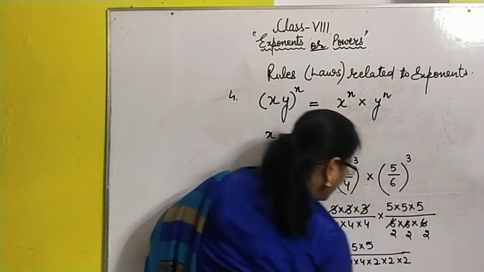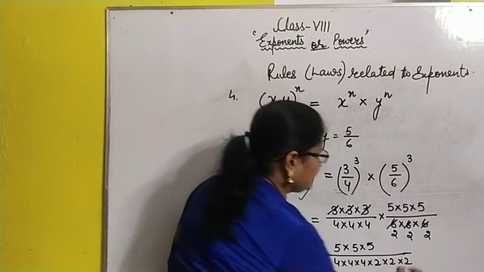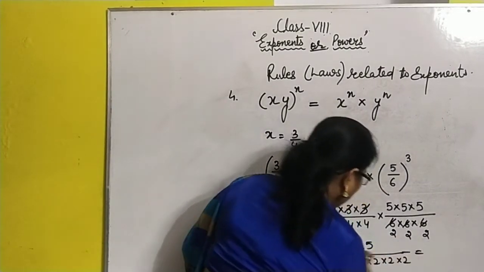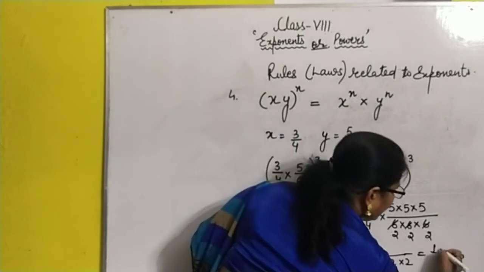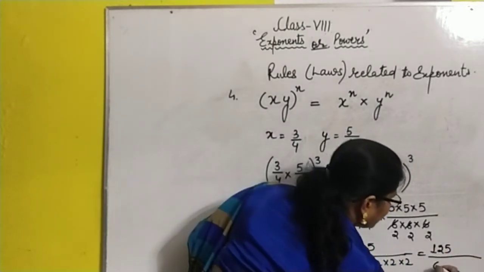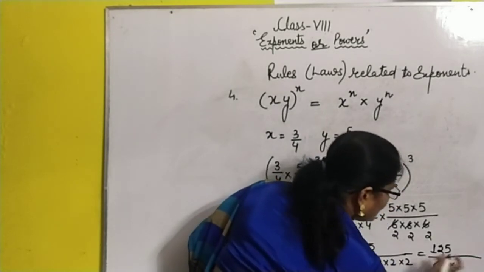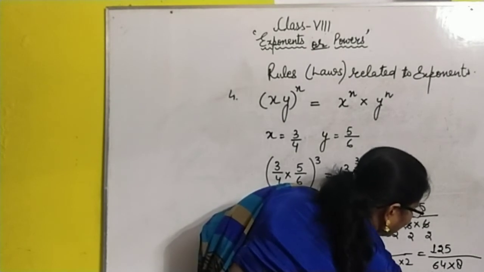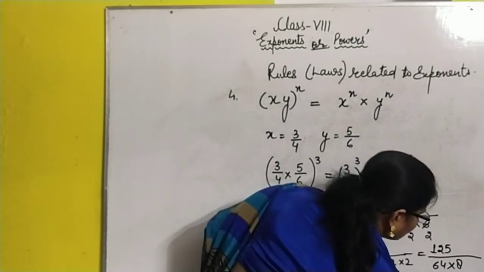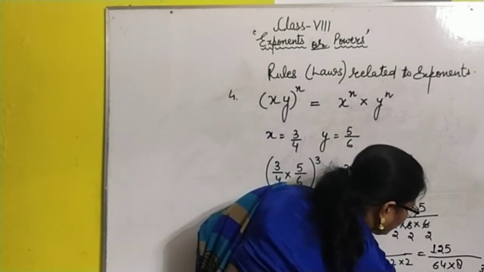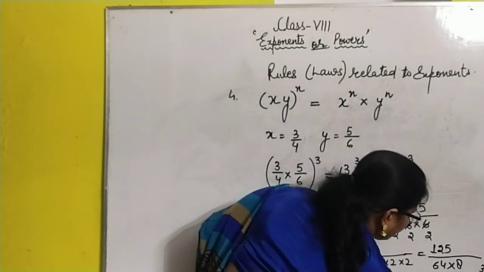You can multiply all these numbers, and if you multiply them, what will be the answer? 5 fives are 25, 5 25s are 125, divided by 4 fours are 16, 4 16s are 64, into 2 twos are 4, 2 fours are 8. Again you will multiply, then you will get 125 divided by 512.